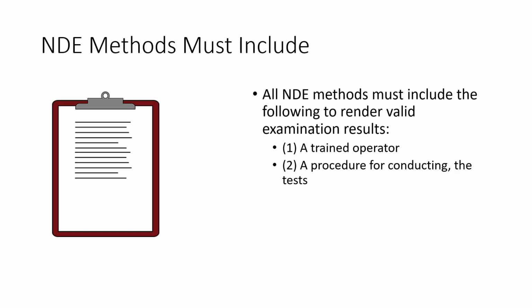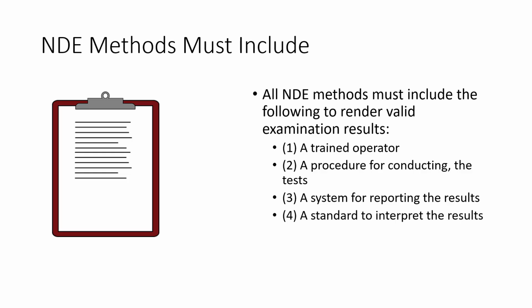We don't want a situation where night shift person is using their super special secret recipe to do the non-destructive testing, and we're getting completely different results from them than we are from day shift person or our third person. We want to have a system for reporting results. How are we going to report these results so that we can rectify whatever situation has come up and needs to be repaired? We need to figure that out.